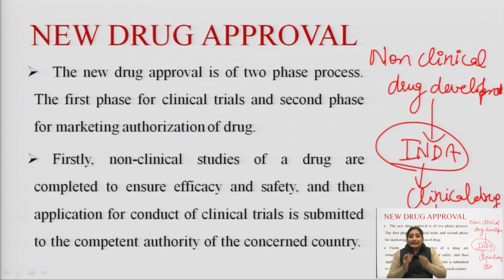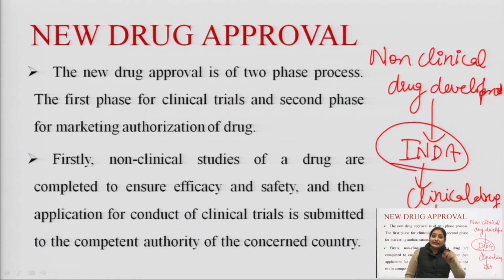Okay. After getting the data from this clinical drug development stage, the sponsor will get the assurance whether the drug is safe for use in humans or not. If the results are positive, and the drug is found to be safe for use in humans, then the sponsor or applicant will apply for the NDA, that is new drug approval process.